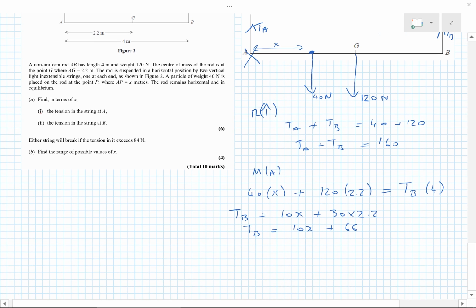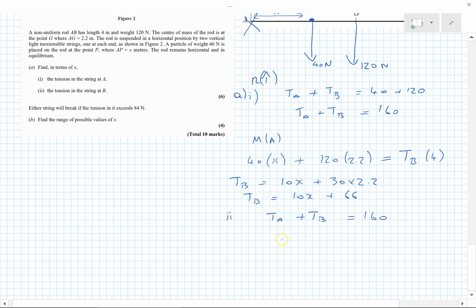Right, so this is going to be quite nice because that's the answer to part A1, by the way. For part A2, we can just use that TA plus TB equals 160. So we get TA plus TB, so that's 10x plus 66 equals 160.